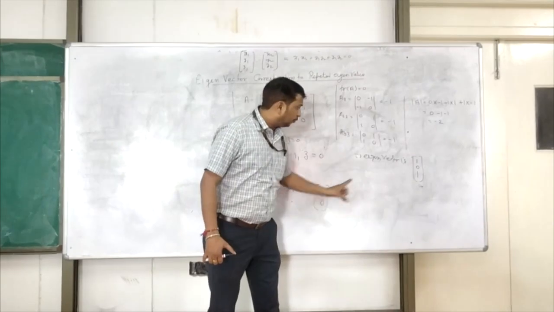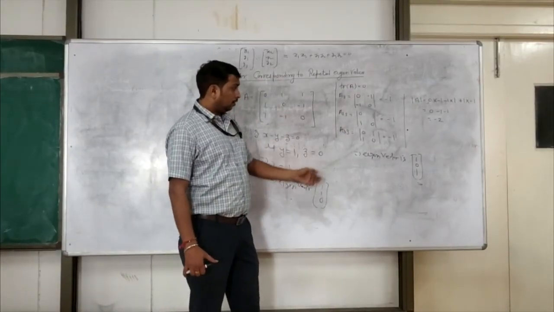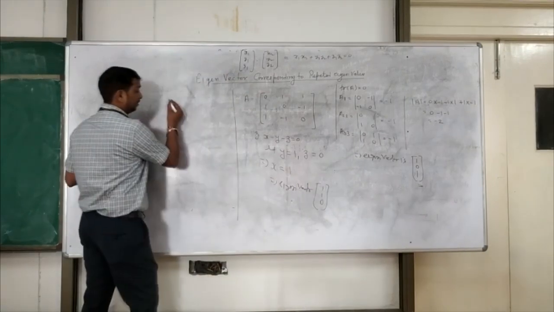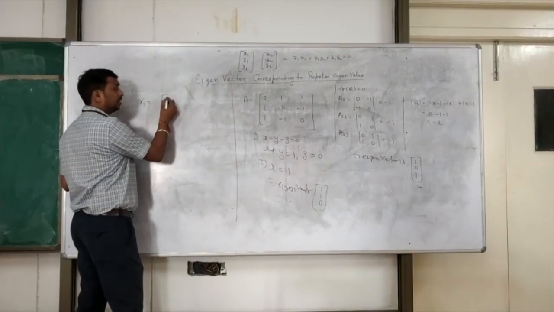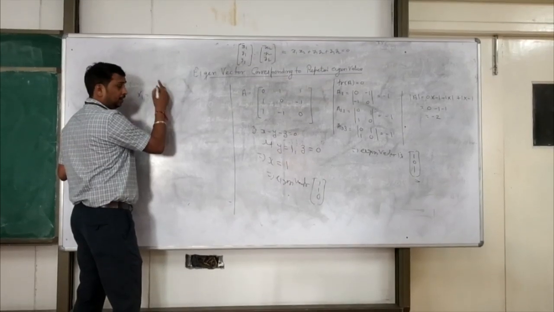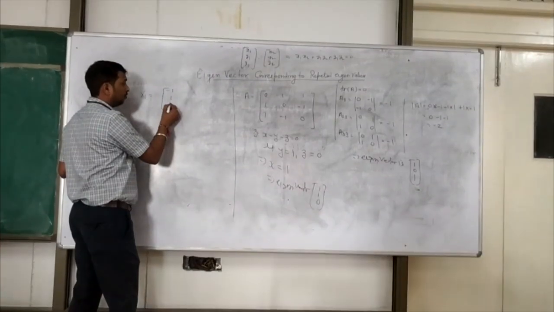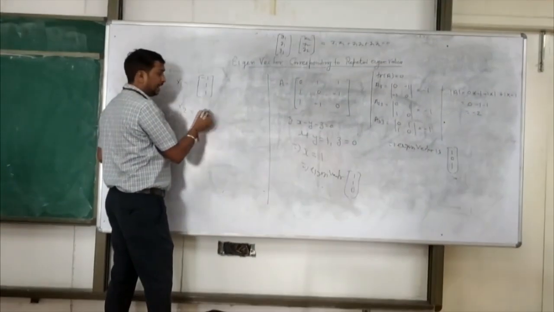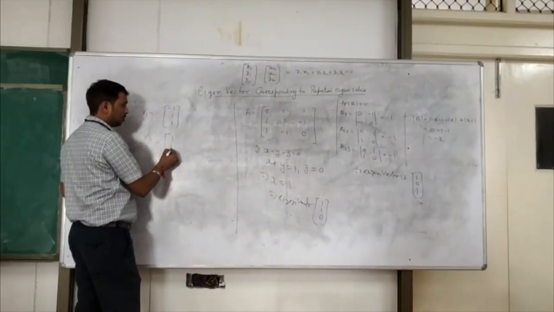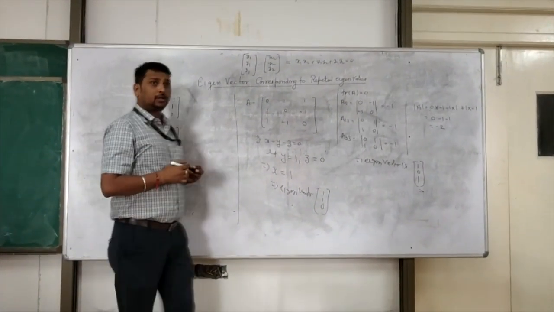See, are these two vectors orthogonal or not? First vector: what is the first eigenvector? That is x1, minus 1, 1, 0. What is your x2, the second eigenvector? 1, 1, 0. See, are both orthogonal? Yes.